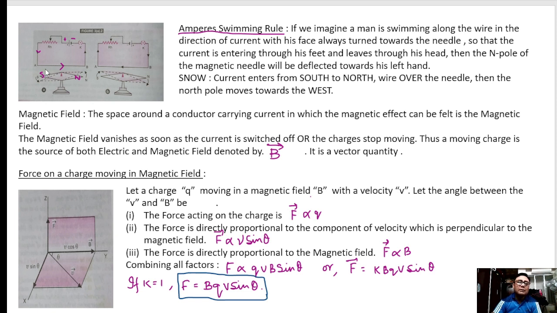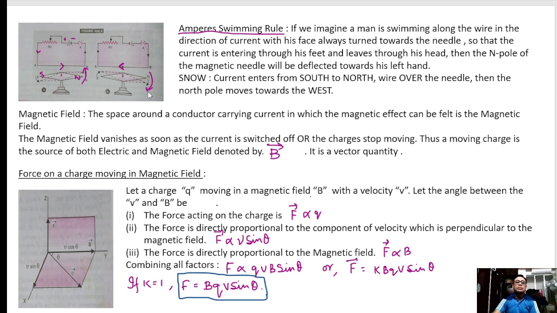We see that whenever there is a current flowing through this, there is a motion. Suppose the motion of the north pole is towards this side. Now if we reverse the direction of the current, you see the north pole will move away.